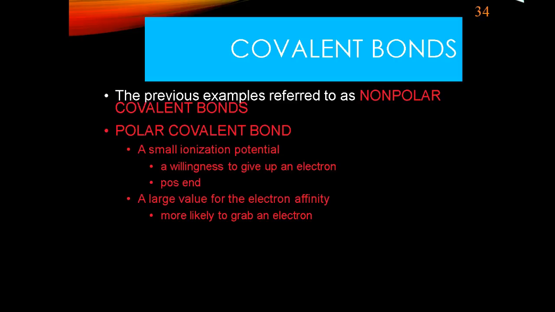Remember, we're still talking about covalent bonds, so we're still sharing the pair of electrons, just unequally. If I am pulling this negatively charged electron closer to myself, then my end of the molecule is going to be more negative. That's the negative end.